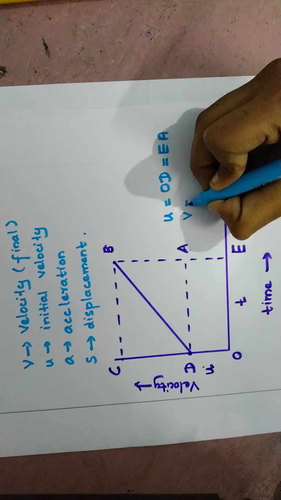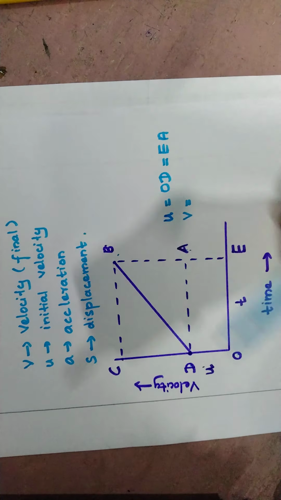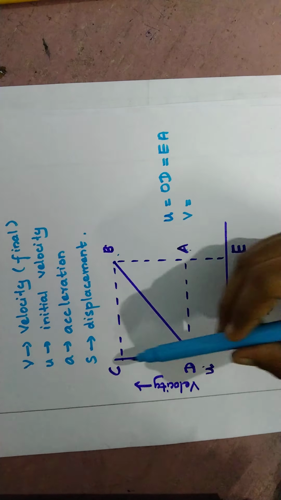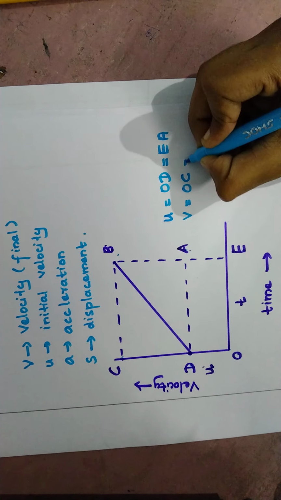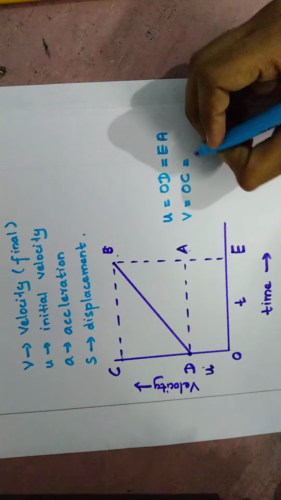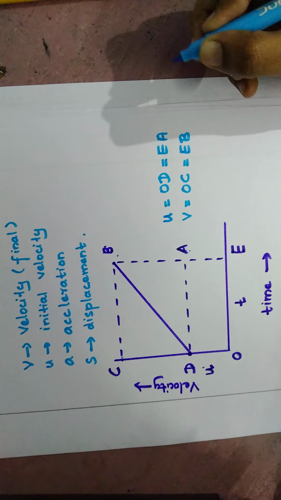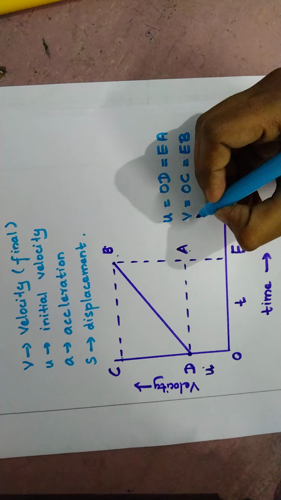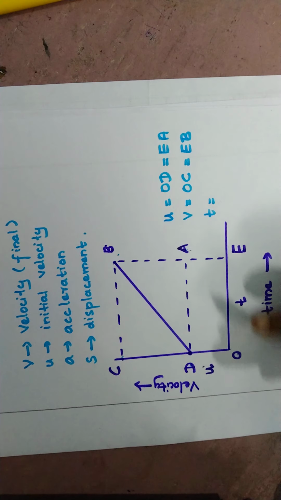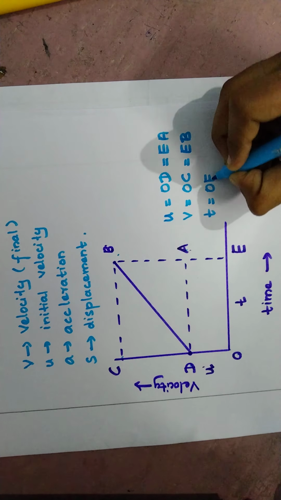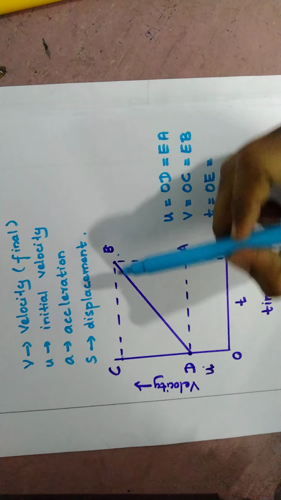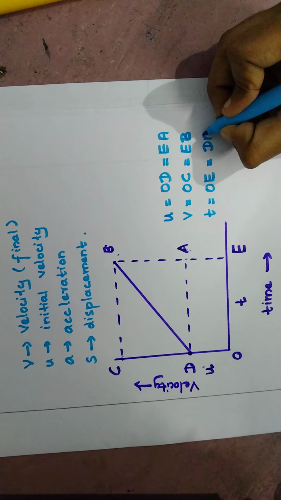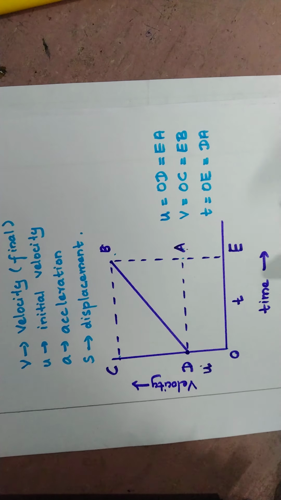And V means final velocity, so V is equal to OC, which is equal to EB. And next, T is equal to OE, which is equal to DA. These are the things we can take from the graph itself.